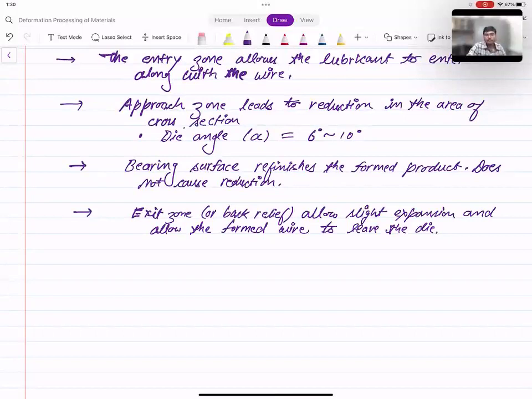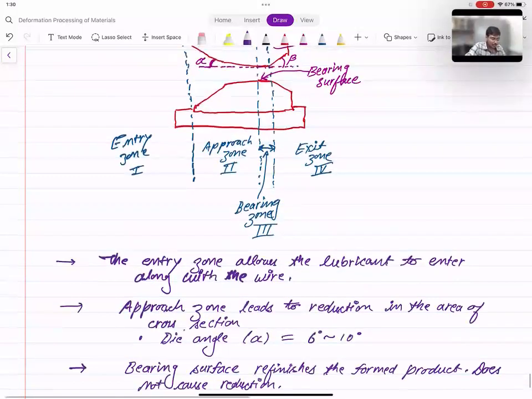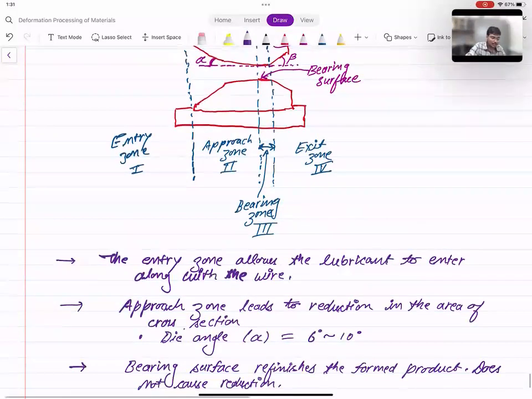Okay, so this is the role of all these four zones: entry, approach, bearing, and exit zone.